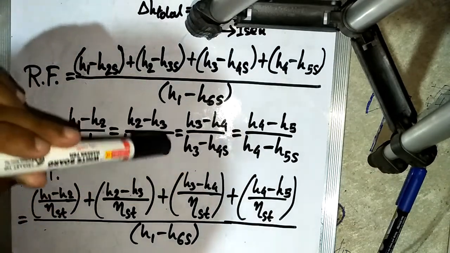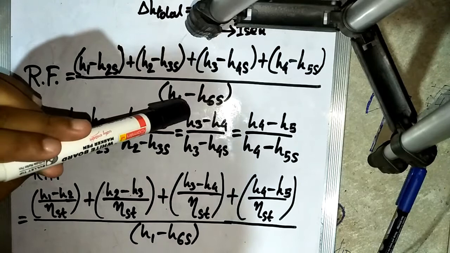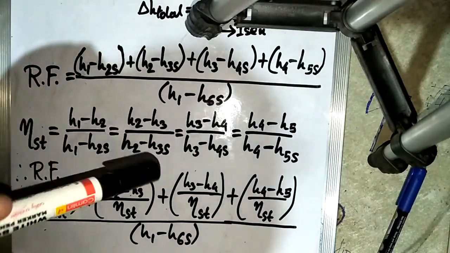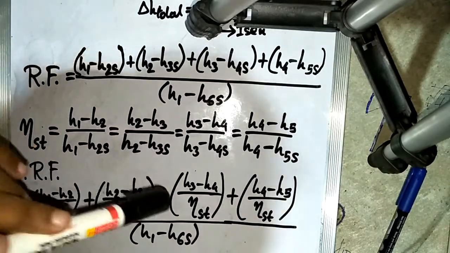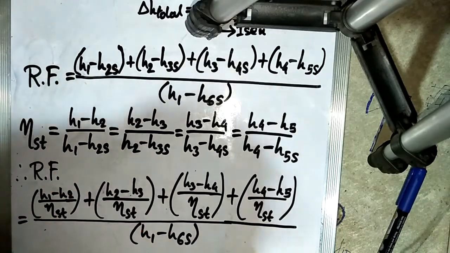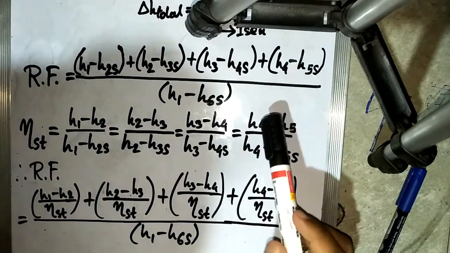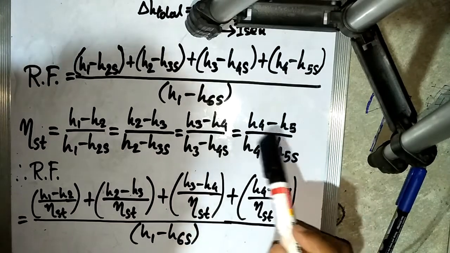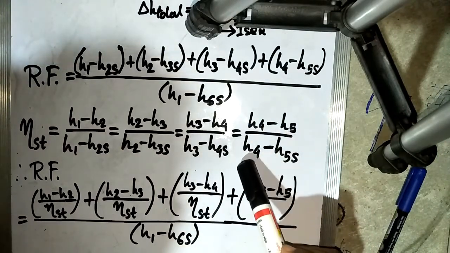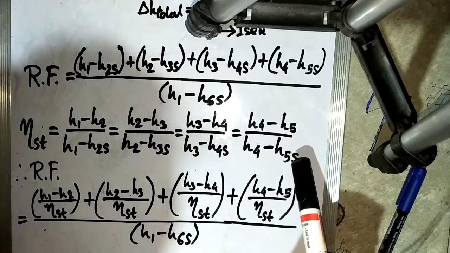For the third stage, the actual enthalpy drop is H3 minus H4 by the isentropic enthalpy drop H3 minus H4S. And for the fourth stage, the actual enthalpy drop is H4 minus H5 by the isentropic enthalpy drop H4 minus H5S.